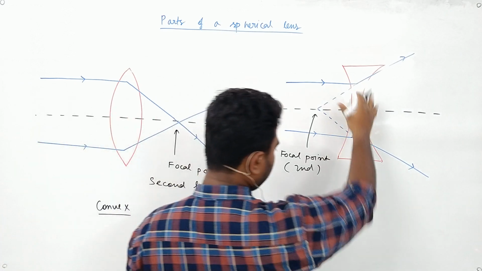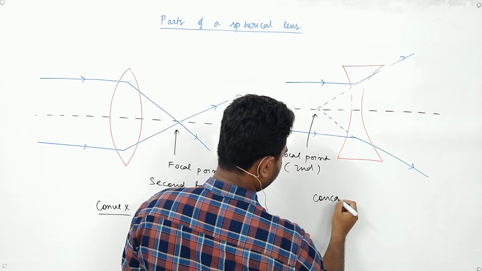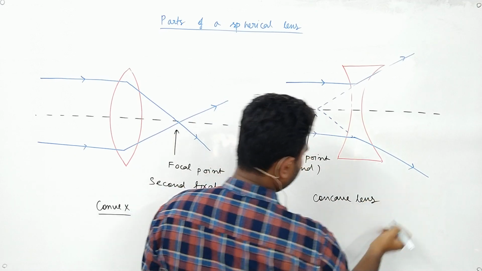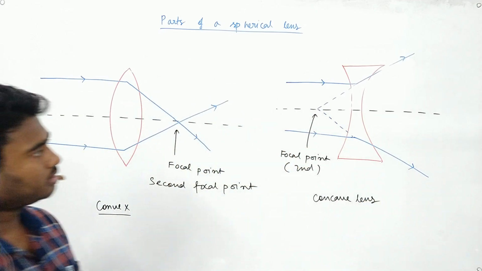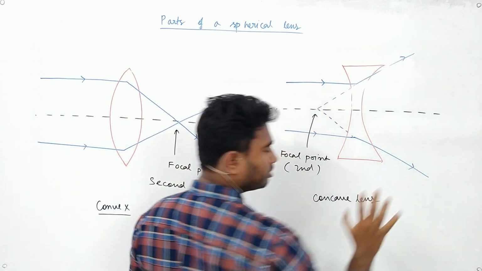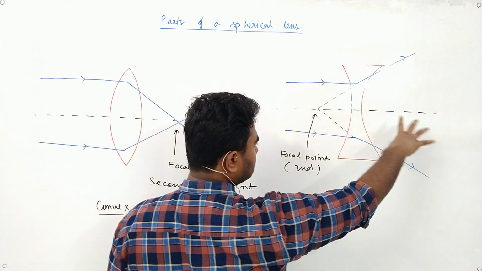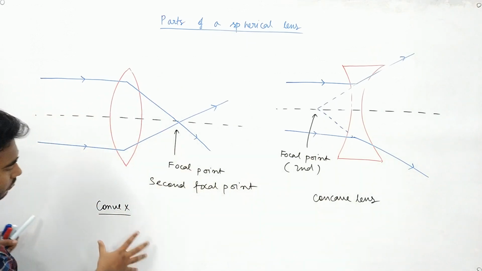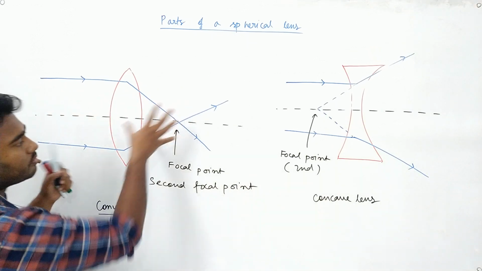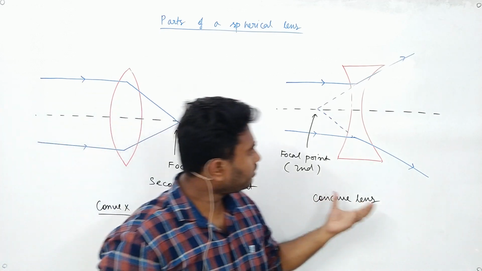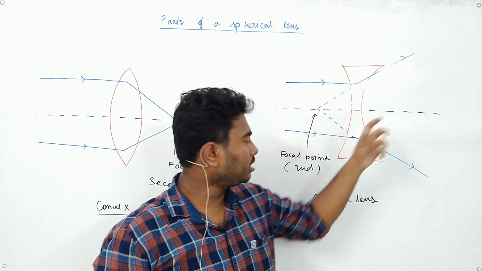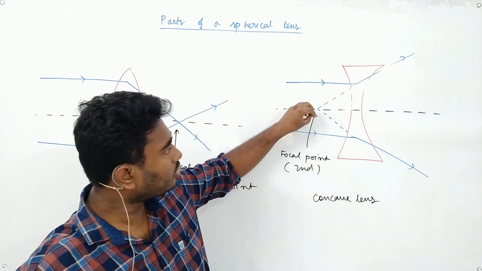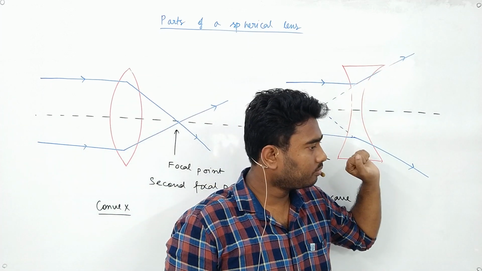In case of a concave lens, the rays of light will diverge out from this point. That means if we extend them, they will meet at this point. So rays of light actually meet in case of a convex lens. Rays of light don't meet in case of a concave lens. They appear to diverge out from a point.